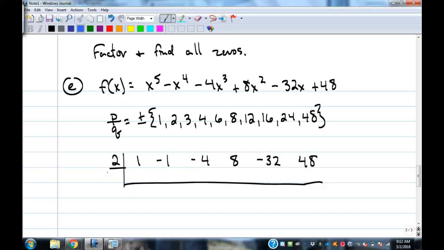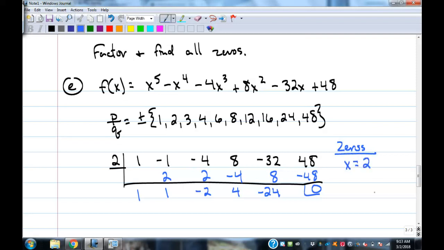We drop the 1 down, that gets the pinball machine working there. Make sure I added it right. 24. Okay. So, zeros.